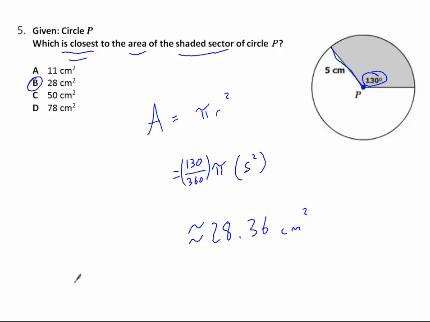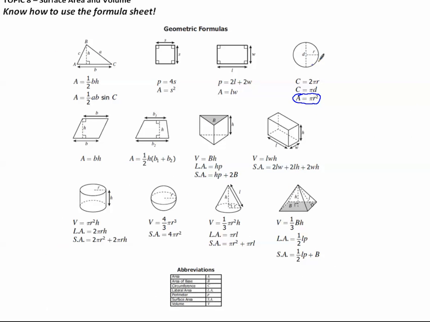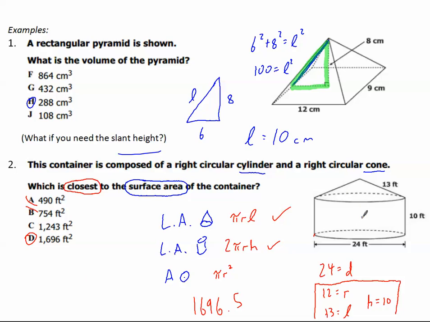Again, folks, I'm going to run this down in like 30 seconds of what you need to do. First thing you do, use your eyes. If you've got a picture, go to your formula sheet and find the thing you are looking at. If there's multiple shapes put together, like in this problem, find everything you might need. Step 2, break it down into what you want. Is it volume?